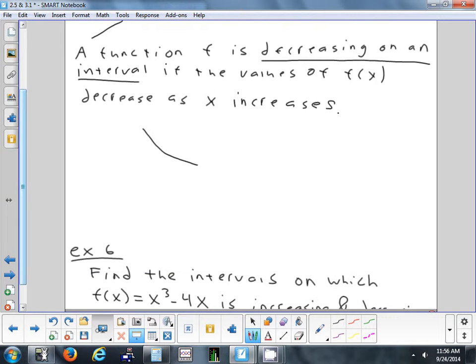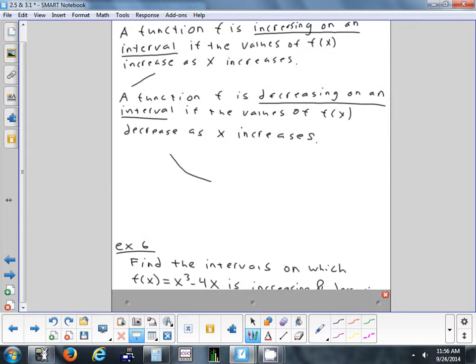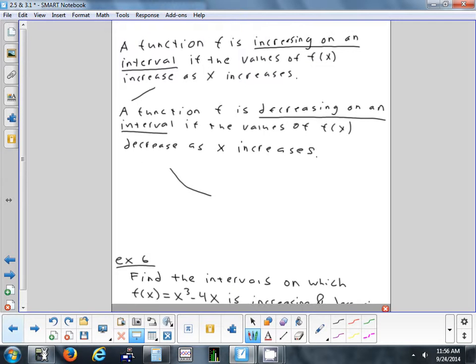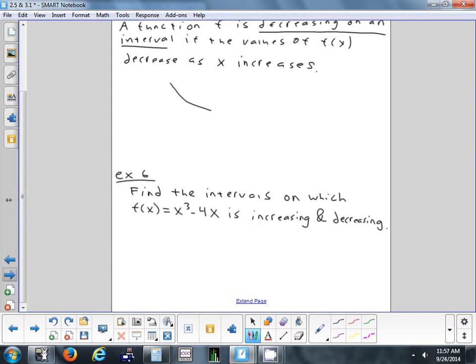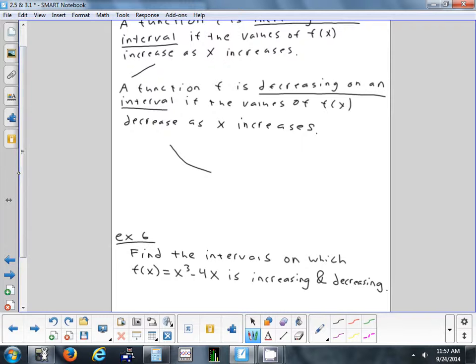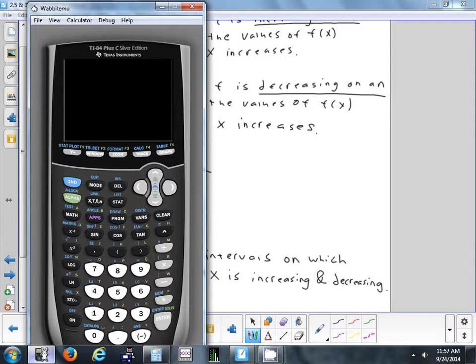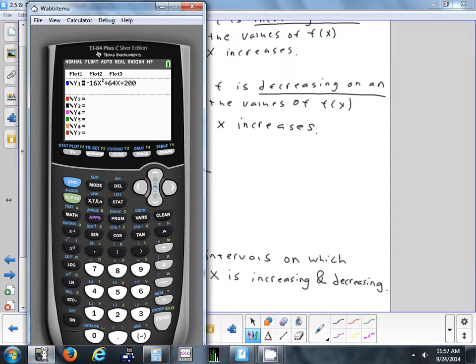Okay, so our last one, we'll look at a function, and we'll find the intervals over which it's increasing and decreasing. This will be the last one. Okay, to save time, I think what I'll do is I'll just label the points and I'll leave actually finding them for you. Okay, so I think we had this earlier already graphed. X cubed minus 4x. Get rid of it.